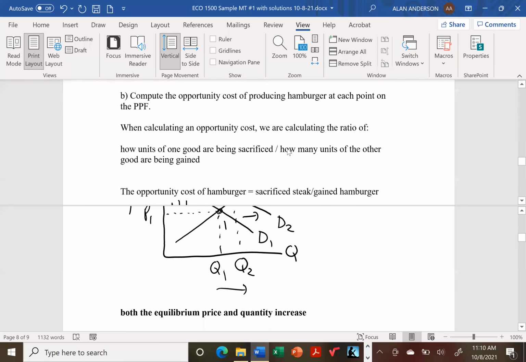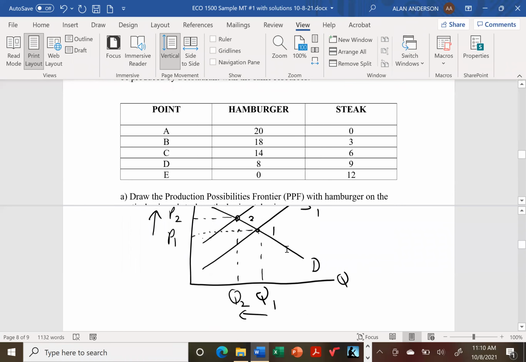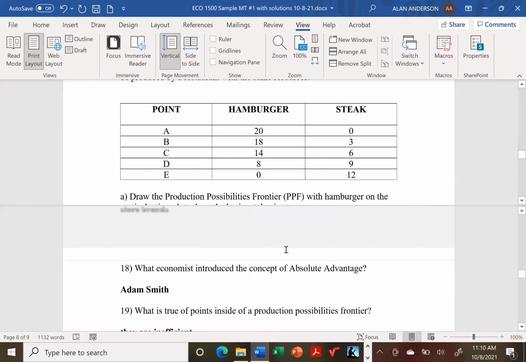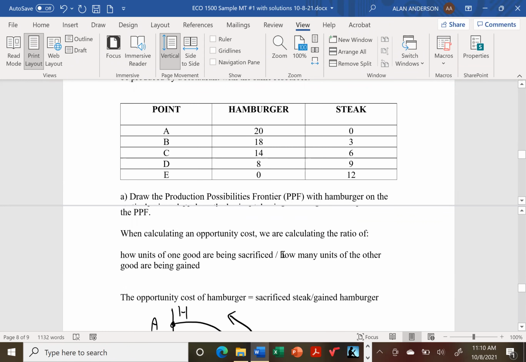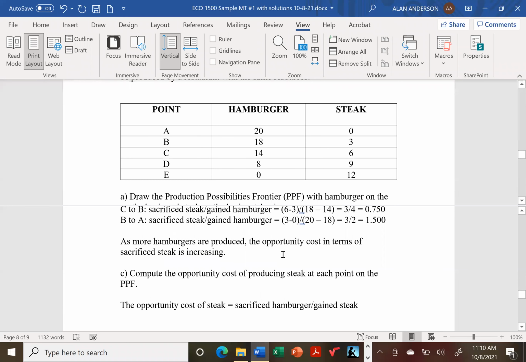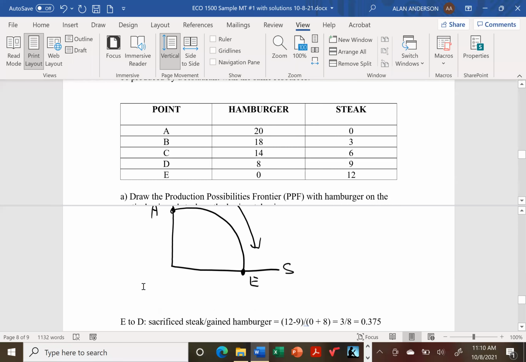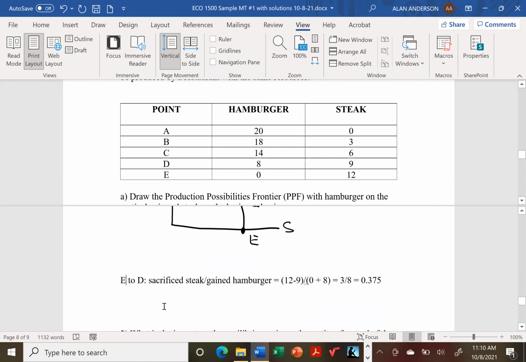Oh, here it is. All right, so let's do it. Okay, so we're going to start at A and move our way down to B.